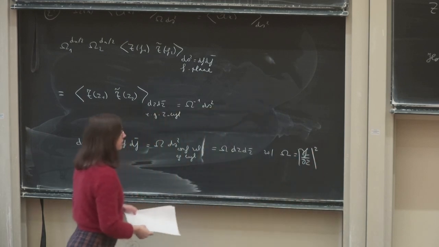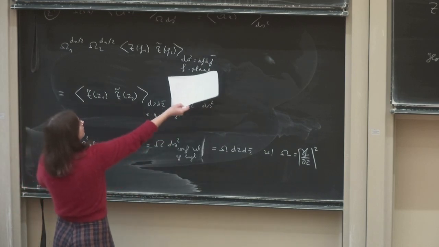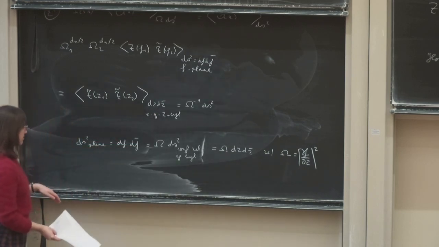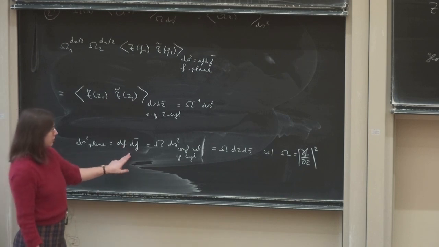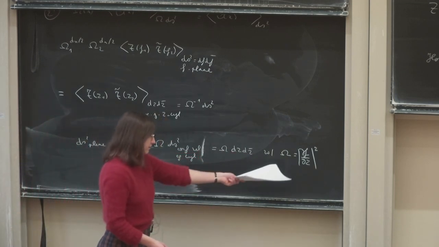I'm just spelling out now in this last line what I said about the conformally related geometries, okay? So the F-plane is related to, for example, the Z-cylinder with this Weyl factor.